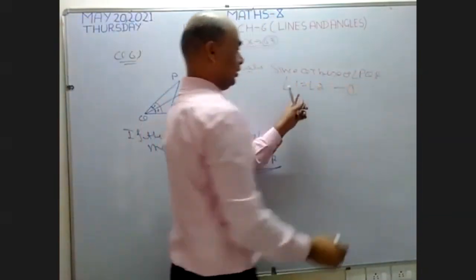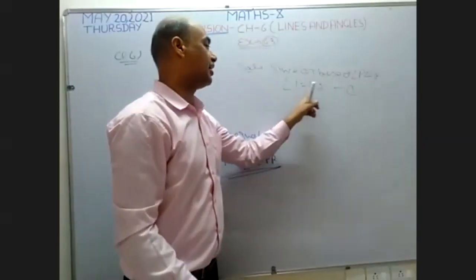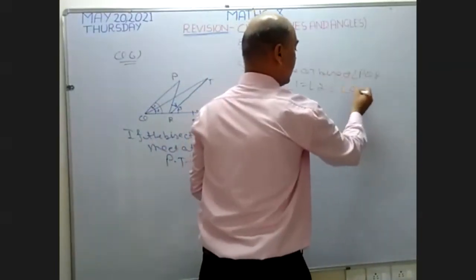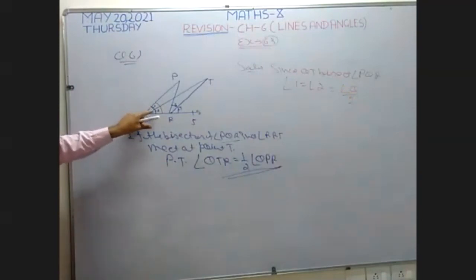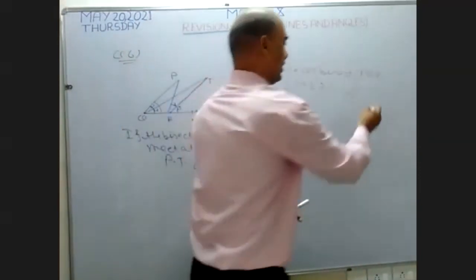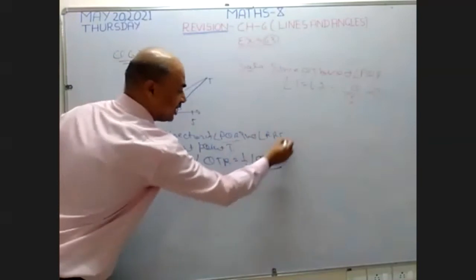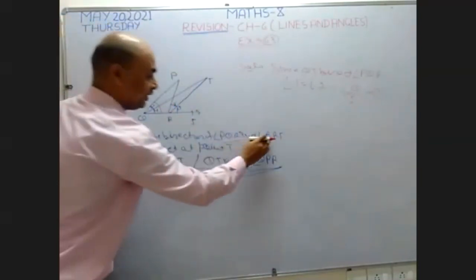I take it as number 1. Because QT bisects angle PQR, this is the reason I write angle 1 equals angle 2, or you can write half of angle Q. Angle 1 and angle 2 are equal, so each is half of angle Q. Angle 1 equals angle 2 equals half of angle Q. I take it as number 1. After that, it is also given the bisector of angle PRS. It is PRS, beta.